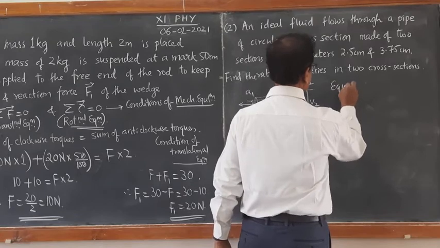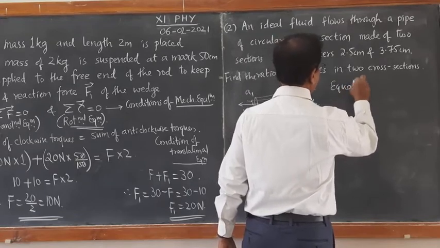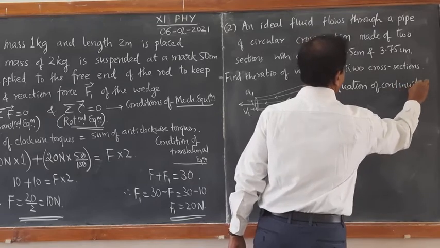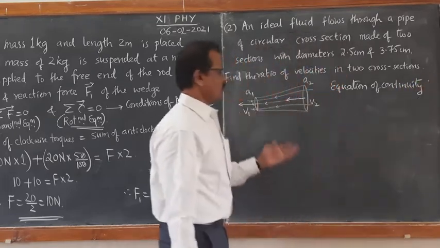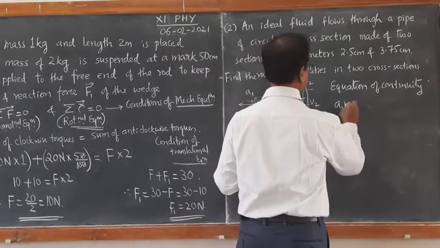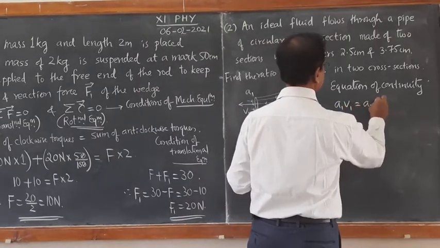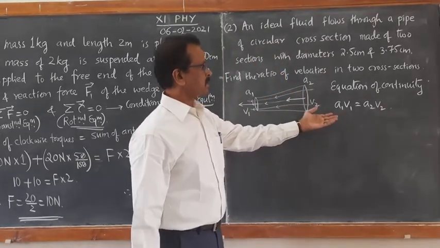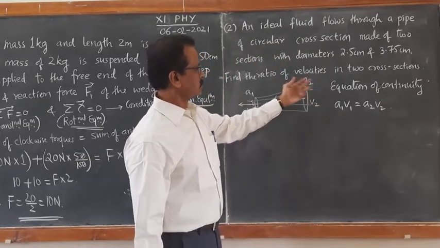Equation of continuity states that volume flux remains constant. So, A1 V1 should be equal to A2 V2. So, you are asked to find out the ratio of these velocities.